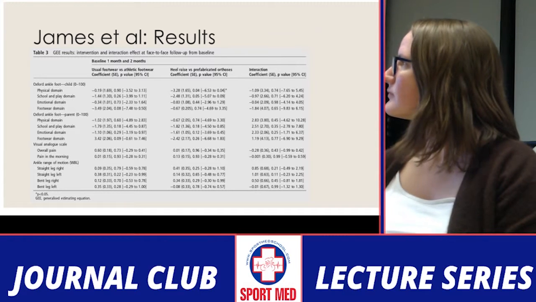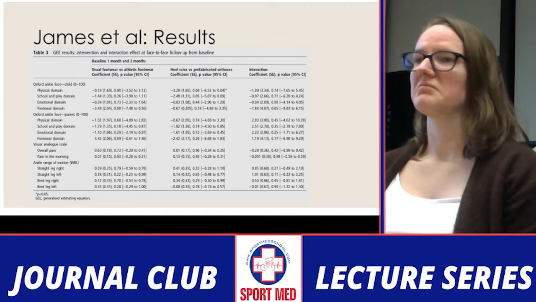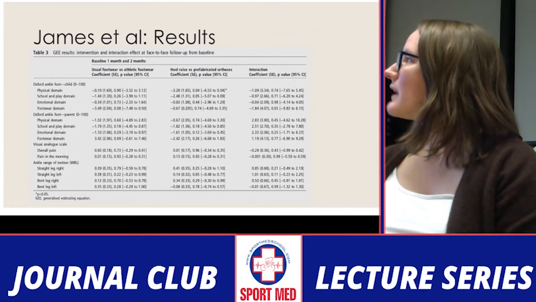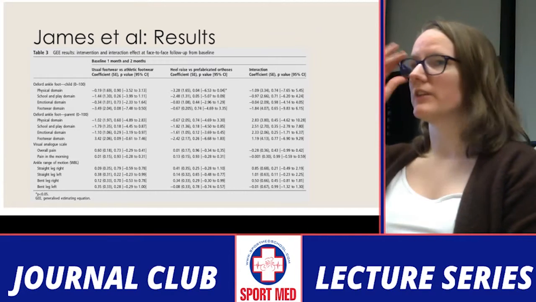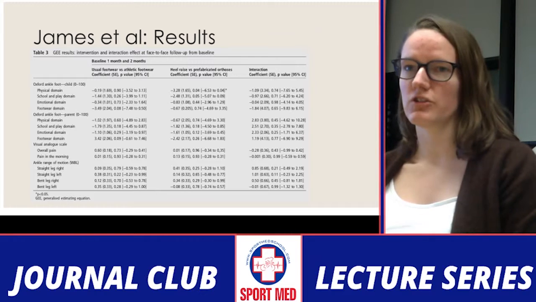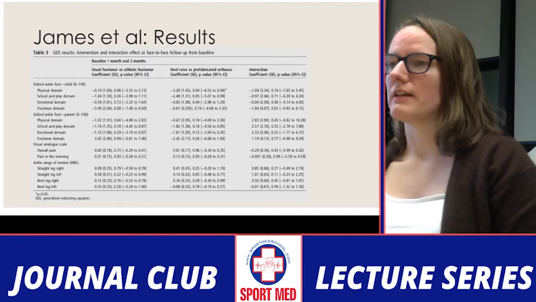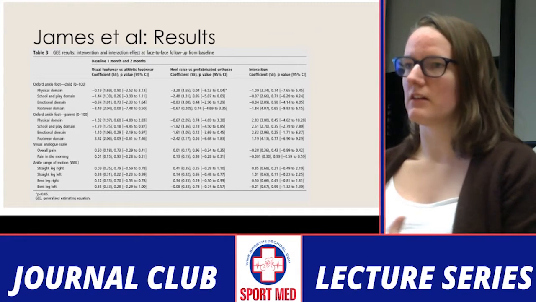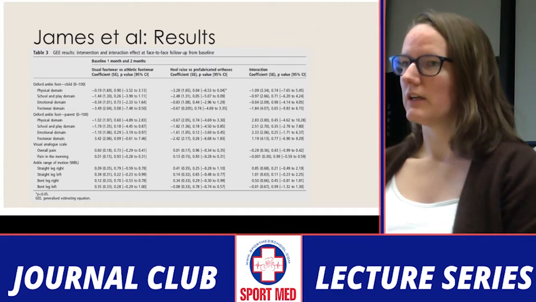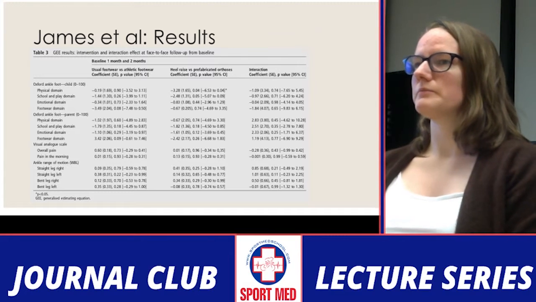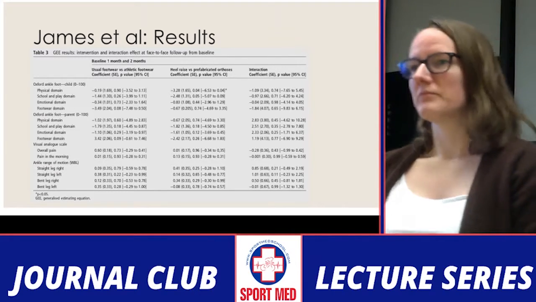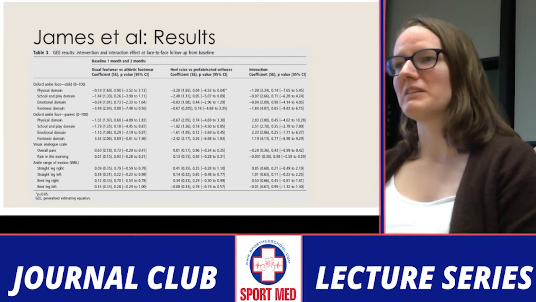Is it pain or satisfaction? That was some of the questions from the Oxford Ankle and Foot Questionnaire, so asking questions in terms of physically how they're feeling and how they're doing. So yeah, I wasn't too sure what to think of that.